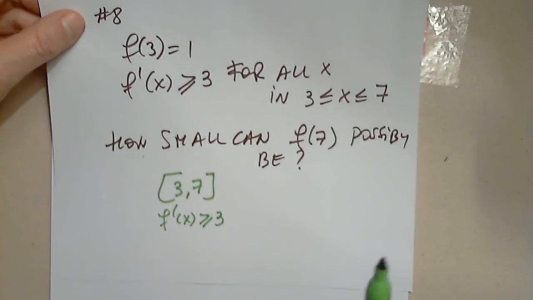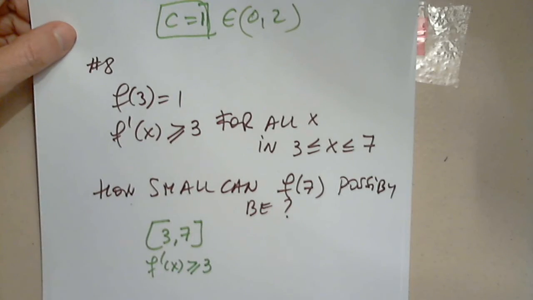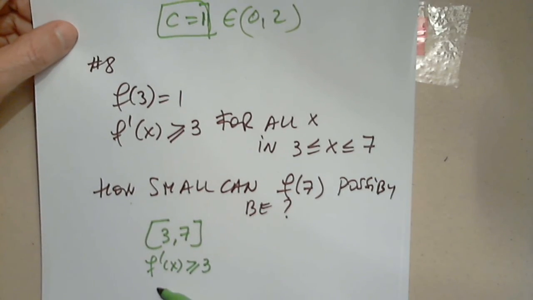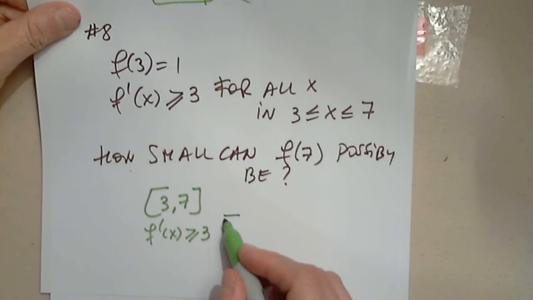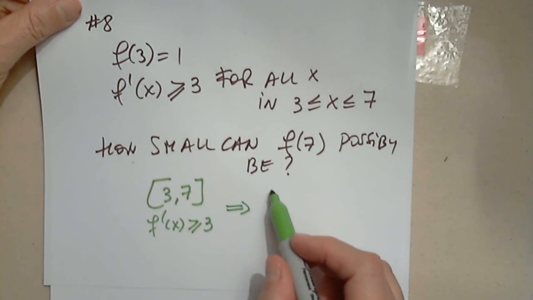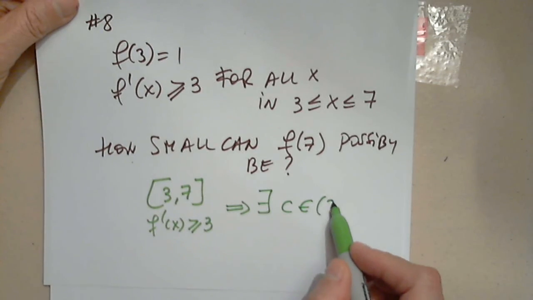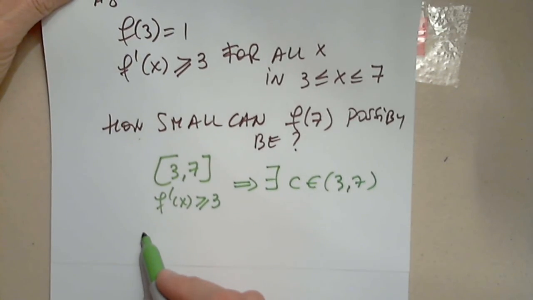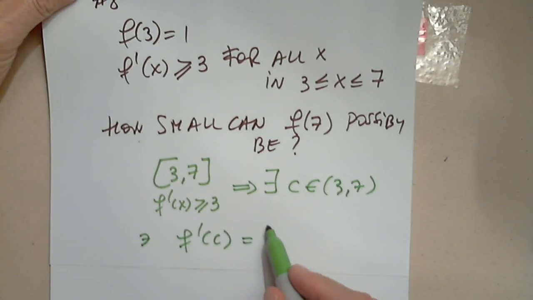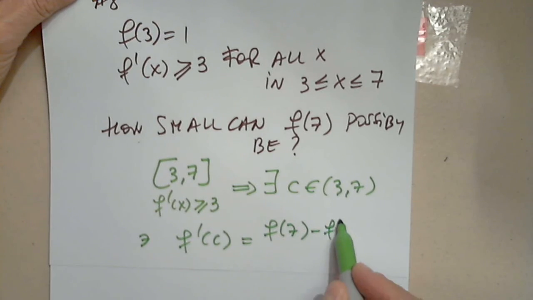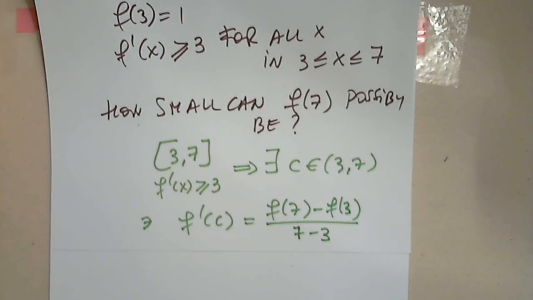And because I have an interval where I know the function is differentiable, it must be continuous. Otherwise, it would not be differentiable. From here I can write that c exists between 3 and 7 such that f prime of c equals f of 7 minus f of 3 divided by 7 minus 3.